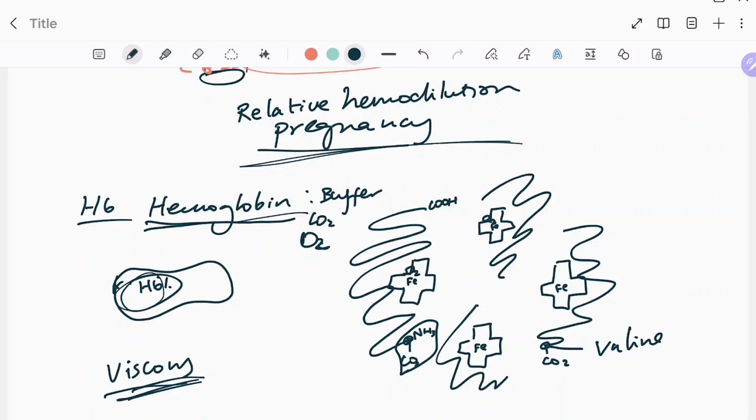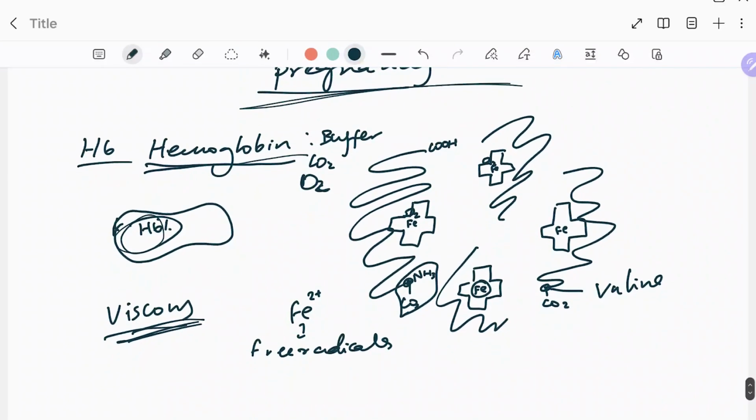And if we left hemoglobin free, this iron can just get free from the hemoglobin, and it can start making free radicals. That is not good. So free heavy metals floating in the blood or in any fluid compartment is never a good idea, whether it's ICF or ECF. It doesn't matter, because they make free radicals.